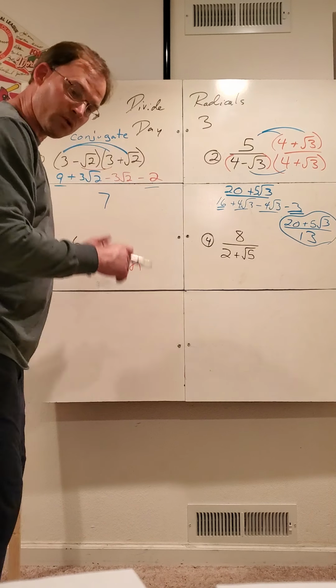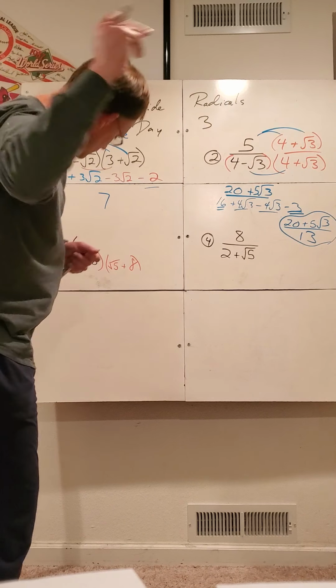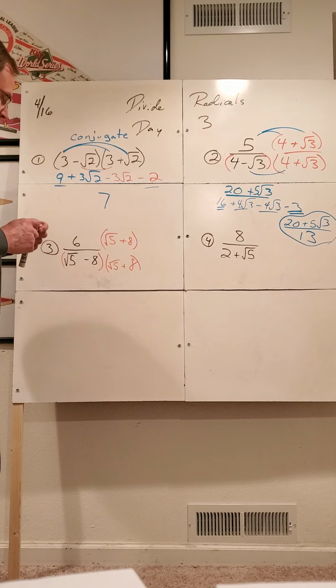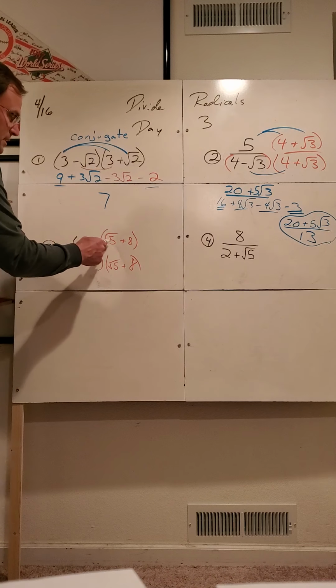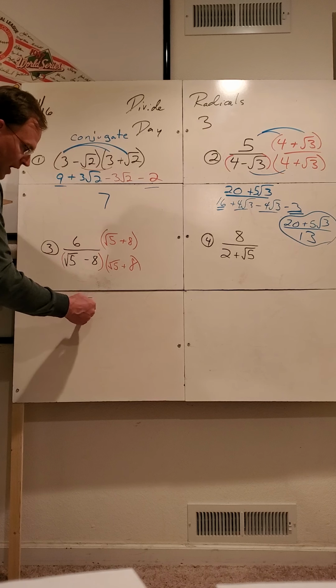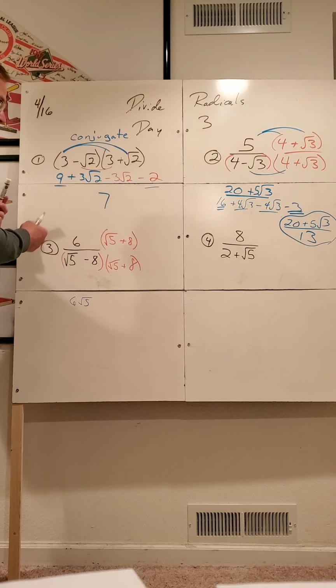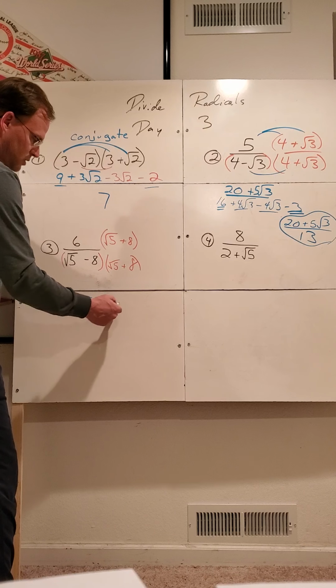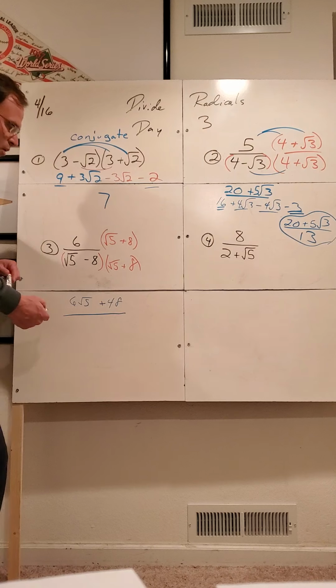So whatever you do to the bottom, exactly right. Top part's easy. Do a little single distribution here. 6 times the square root of 5, 6 root 5. Those can't be combined. One's a whole number, one's a radical. 6 times 8 is 48.